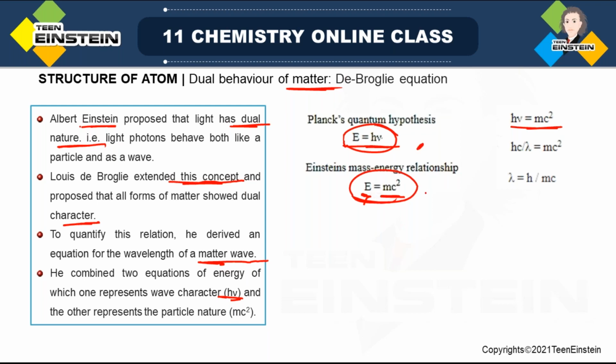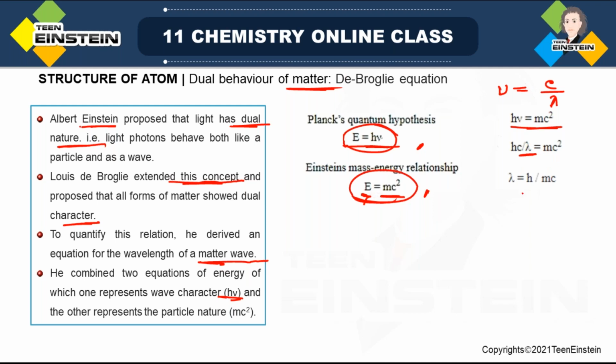Now we know that frequency is related to wavelength by nu equal to c divided by lambda. So in place of frequency, you can write c by lambda. So hc by lambda is equal to mc square.